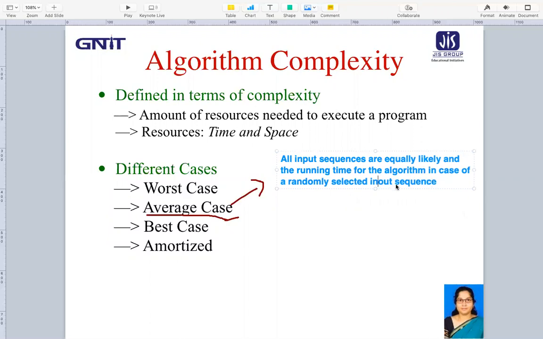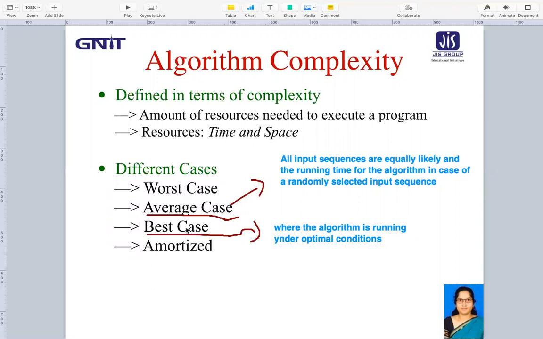If I talk about the best case complexity, the best case is always the condition where the algorithm is running under optimal conditions.